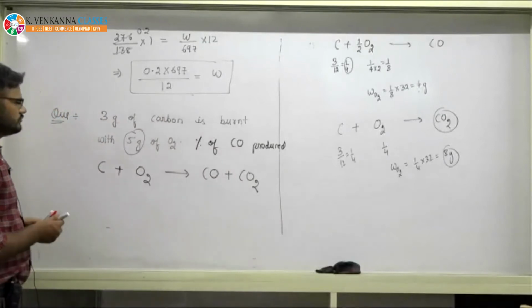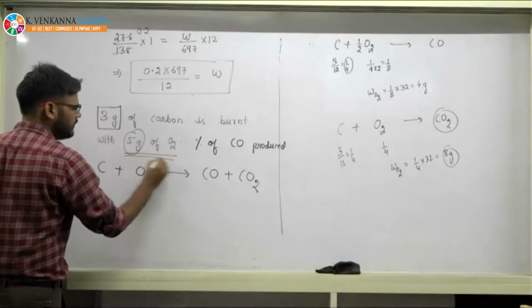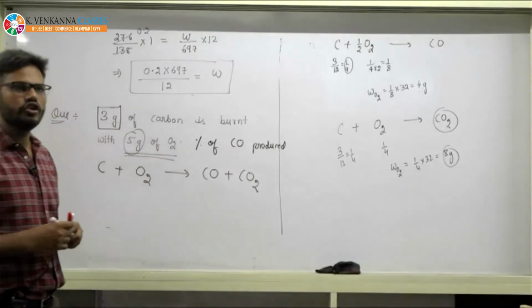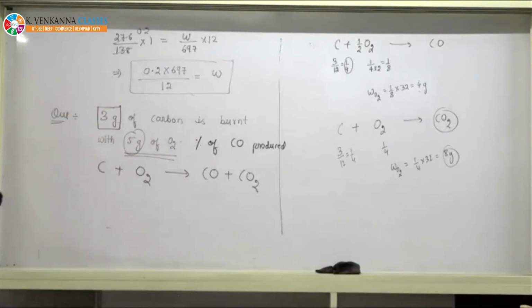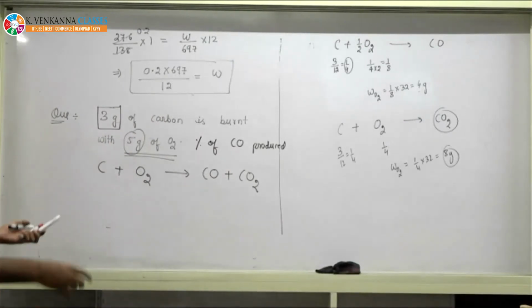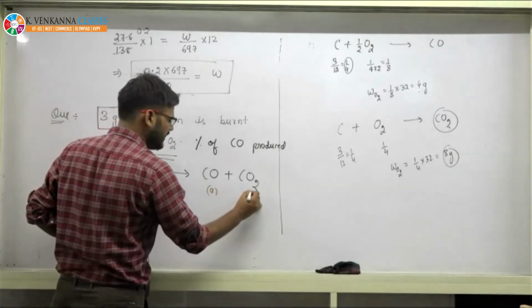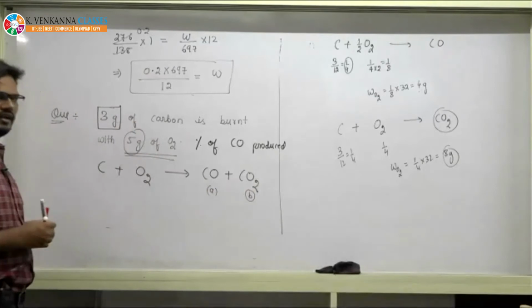As you know, carbon is completely utilized as well as oxygen is completely utilized. So you can apply POAC on both, assuming that, let us say, A moles of CO are generating and B moles of CO2 are generating.